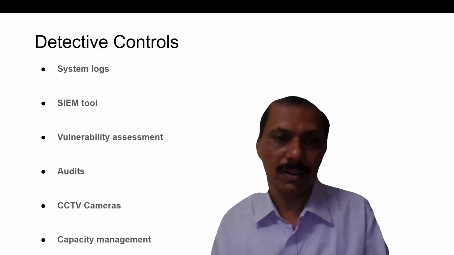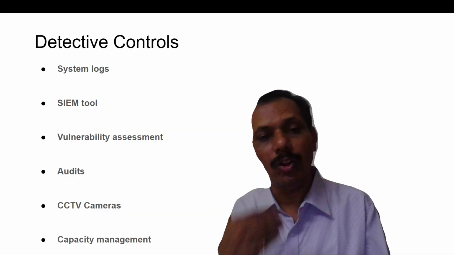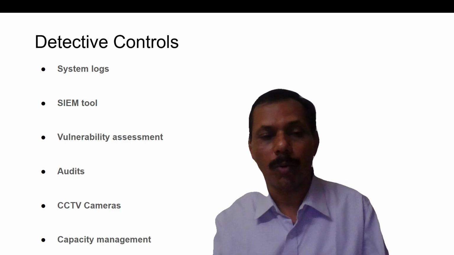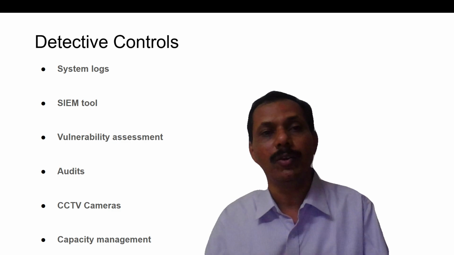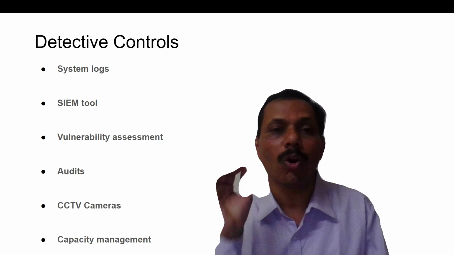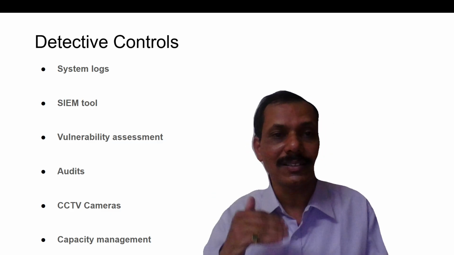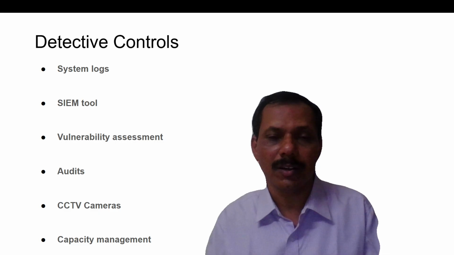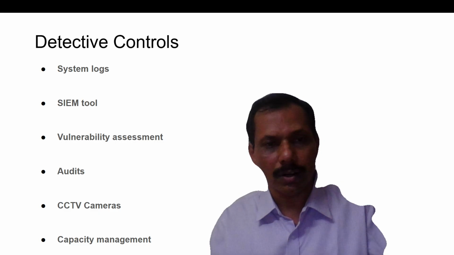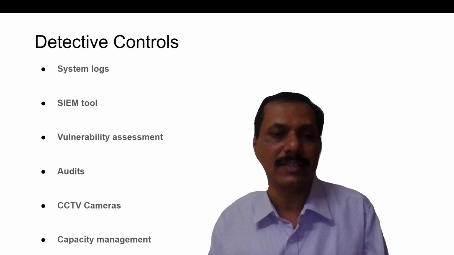Capacity management. If you are following capacity management properly, then capacity management reports will tell you what may go wrong. Your utilization is about to be full. It may be hard disk, it may be processor, it may be your link utilization.